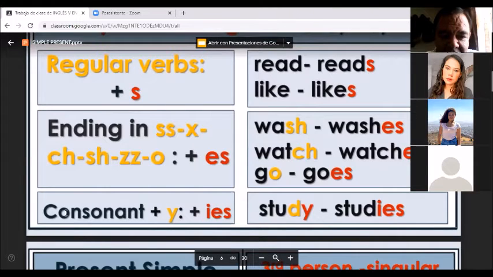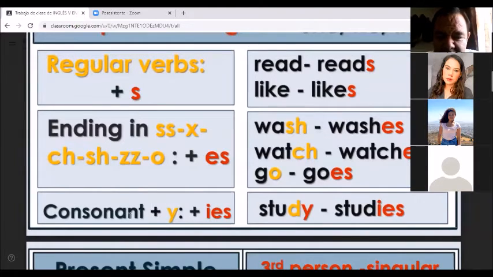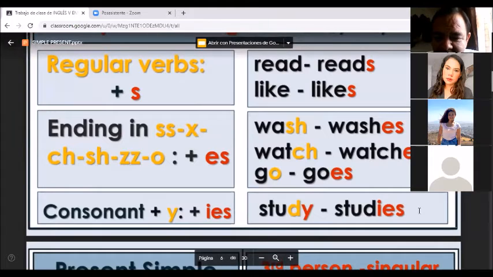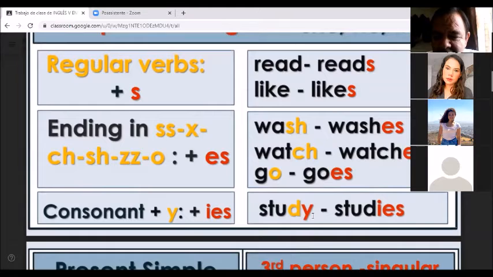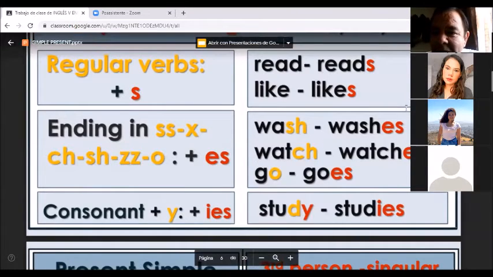Finally, we have the third rule about the third person in simple present. It says that if we have a Y preceded by a consonant, we change Y to I and add ES. The base form of the verb study changes to studies. These are the main rules for the third person singular in simple present affirmative.